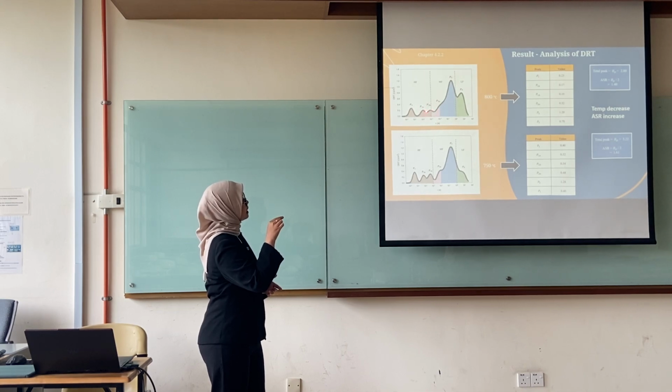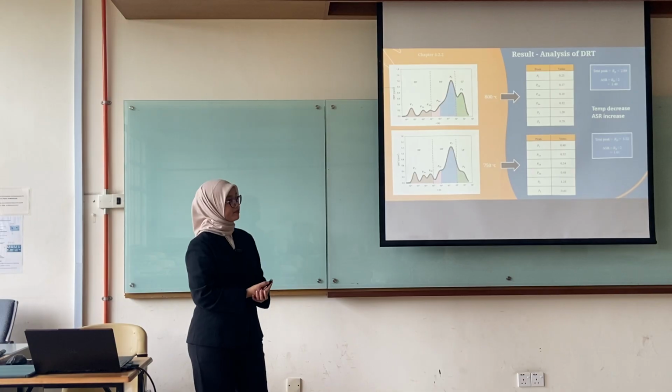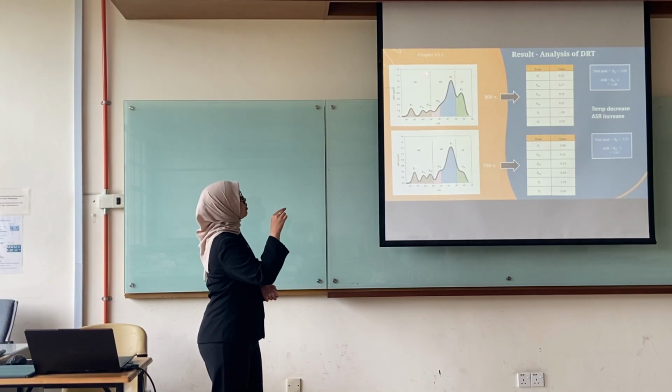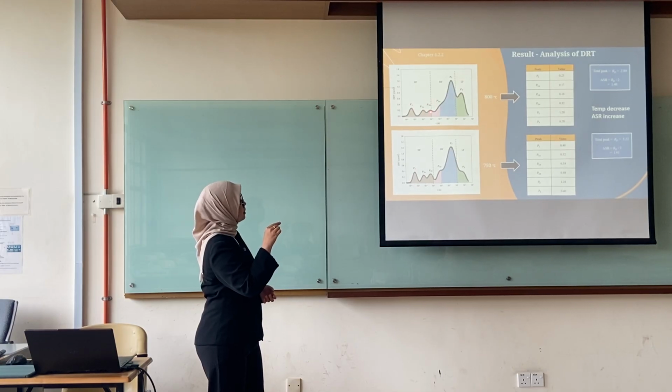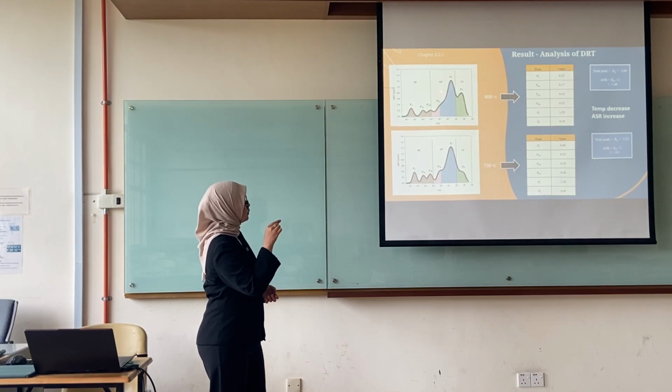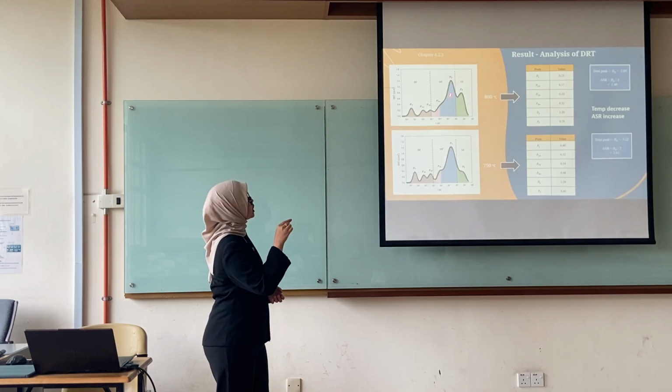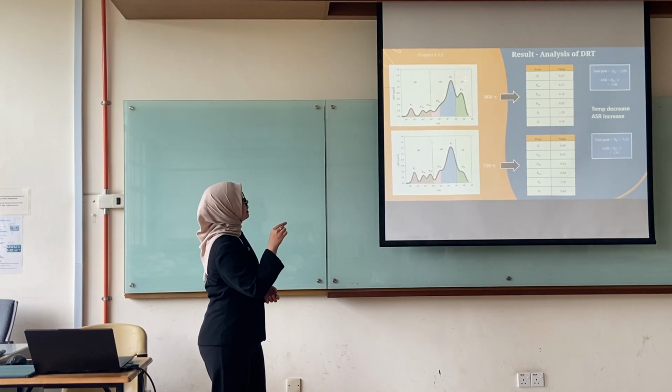So I labeled them P1A, P1B, and this P2A is the shoulder peak. For the high frequency, they are plotted P1A and P1B. The middle frequency refers to P2A and P2, while P3 is plotted in the low frequency.